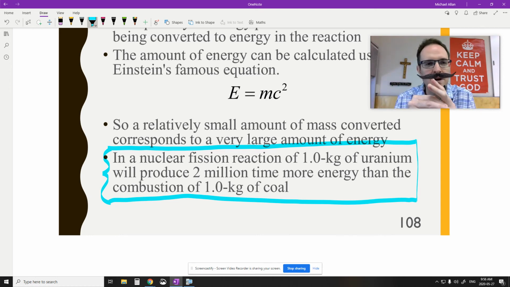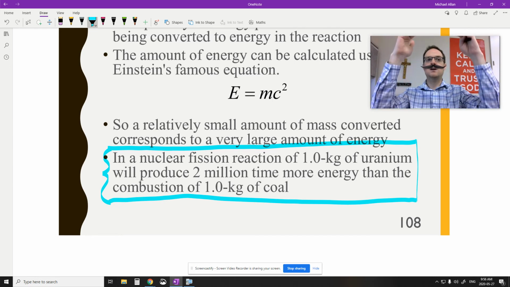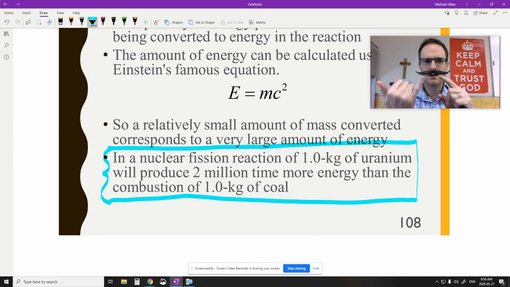We like to keep it metric here. So mass for mass, fission releases 2 million times more energy than coal. Coal is a standard combustion reaction. So when I want to compare reactions together, I'm going to compare just regular combustion reactions, things that react with oxygen, produce water and carbon dioxide. That's a regular combustion reaction.